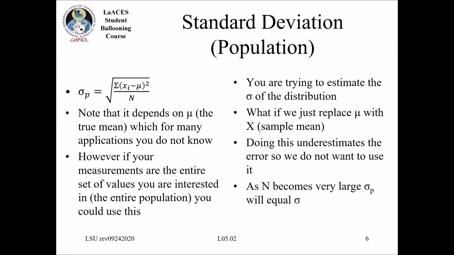But it turns out, if you do that, you will underestimate what the variance or the sigma of the distribution is. How much you underestimate, and how big a concern that is, is a factor of how many measurements you take. Like we said, as we take more and more measurements, you get a better idea of what the distribution is. Your sample and distribution means become the same thing. If I take enough measurements, all of those values are going to be equal.